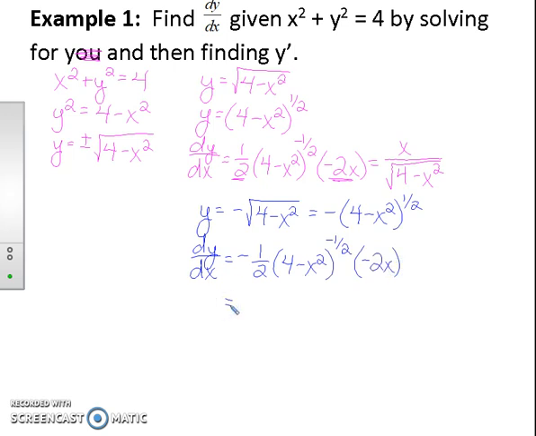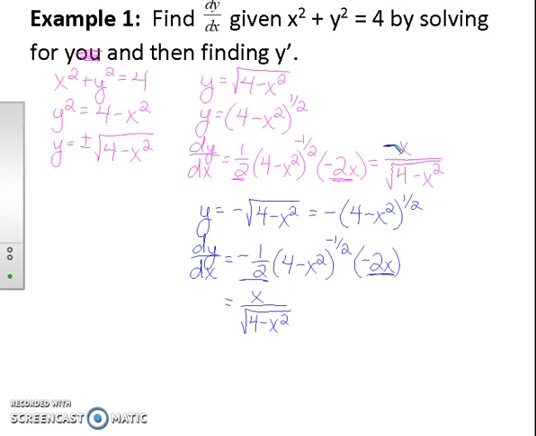So negative 1/2 times negative 2x would give us a positive x over the square root of 4 minus x squared. Notice that up here, the answer should have been negative. We had a positive 1/2 and a negative 2x.